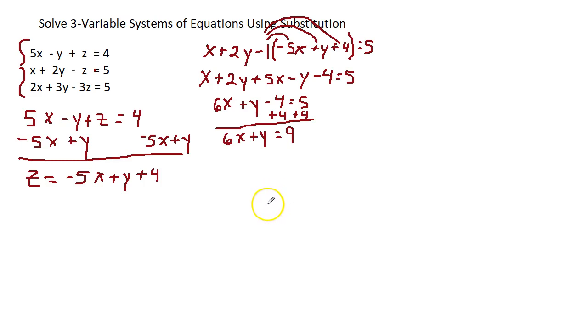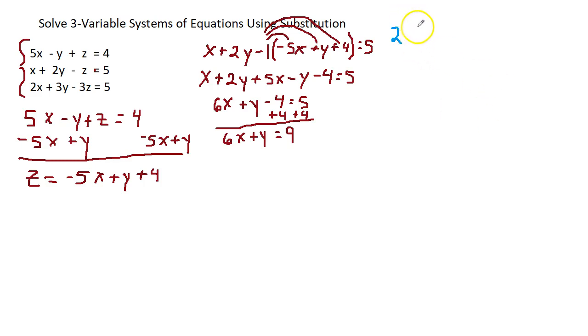Now I have to substitute my value for z into the third equation. All right, I'm going to use a different color so that way we could see each of these steps. So I have 2 times x. Let me erase that and get a better one.